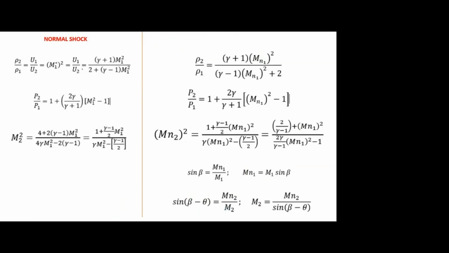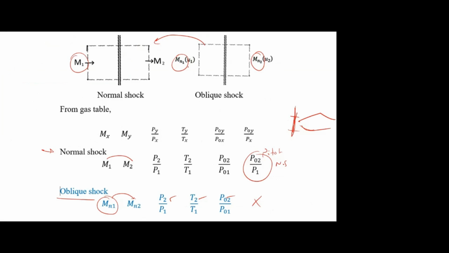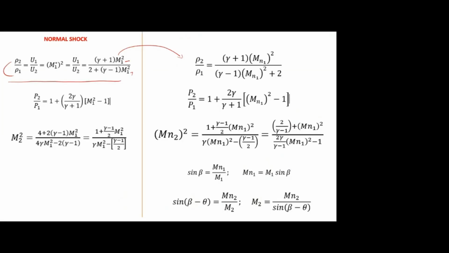Here they just showed how to convert normal shock to oblique shock. The rho 2 by rho 1 derivation we derived in terms of local Mach number. If you apply it to this oblique shock control volume, that is Mn1, Mn2. So instead of M1, we should take Mn1. So rho 2 by rho 1 is in terms of Mn1. Similarly, P2 by P1 in terms of M1 for normal shock, instead of M1, we will take Mn1.